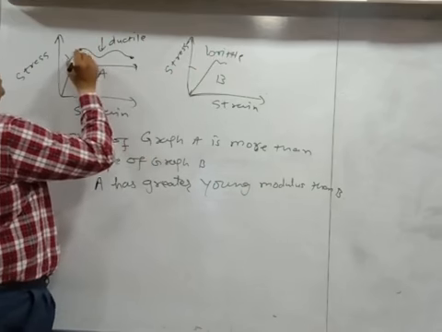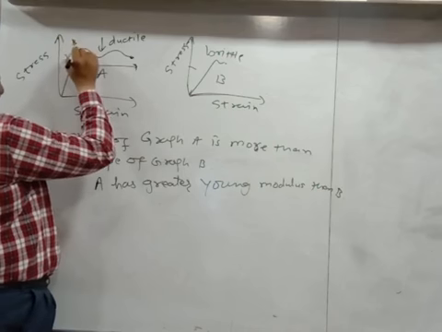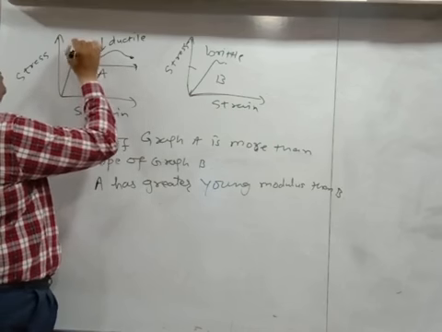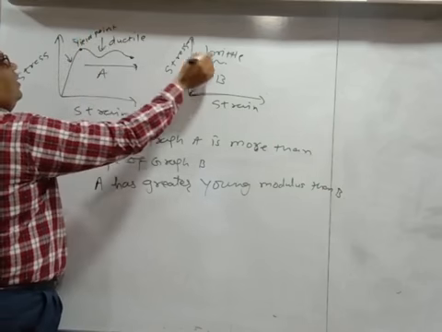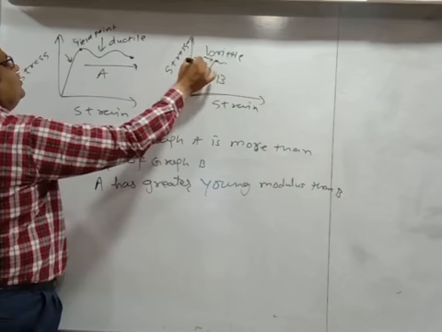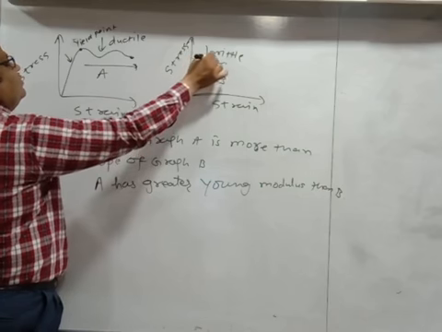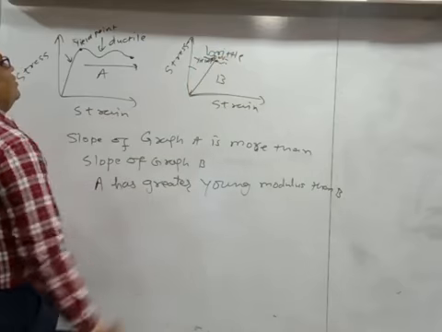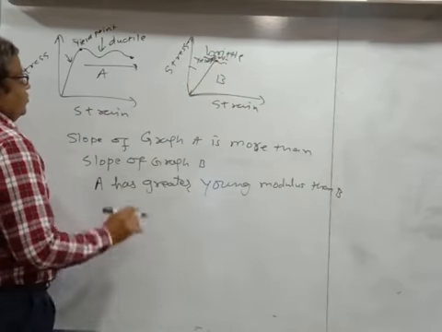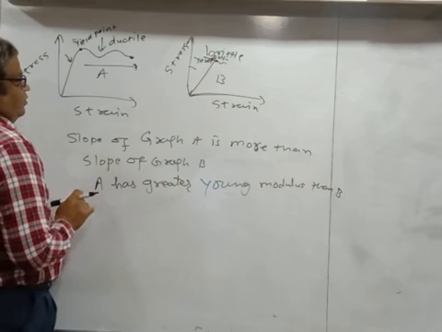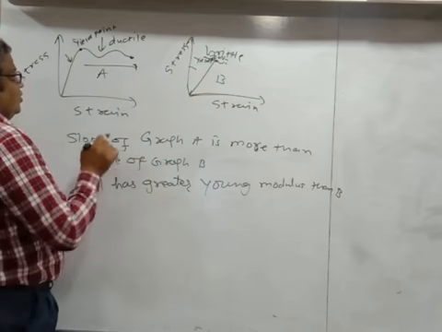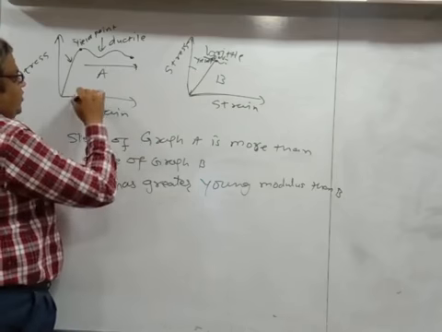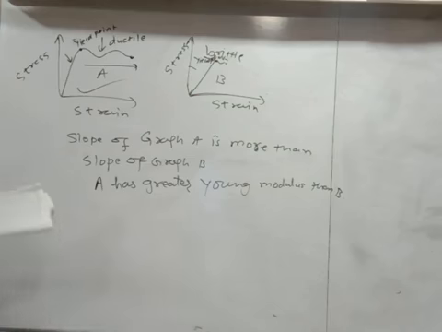Because listen, this is the yield point, and this is also going to be your yield point. Okay, and this is ductile. So this one is ductile material and this is brittle material. So if you consider ductile material to be more strong, then material A is more strong.